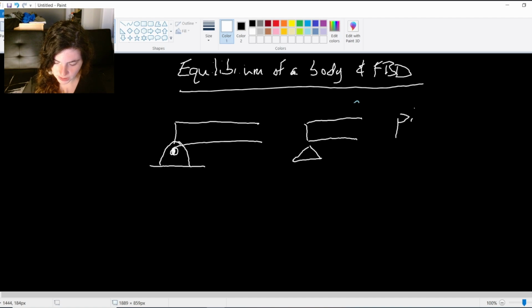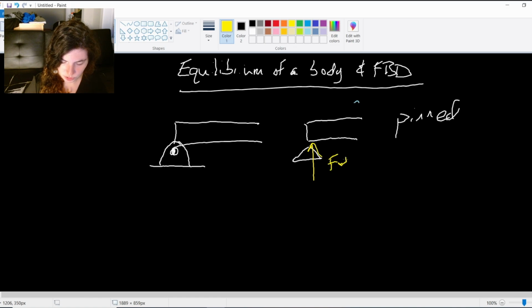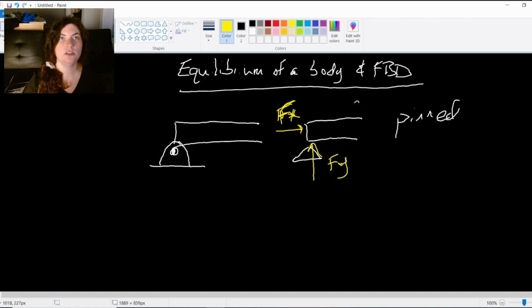So this is a pinned connection. And the reactions that we see on this, since our x and y are fixed, is we see a y reaction acting kind of like a normal force pushing up on the beam. And we also see an x reaction, right, from being held in place. These are the two reactions that we see on a pinned connection.